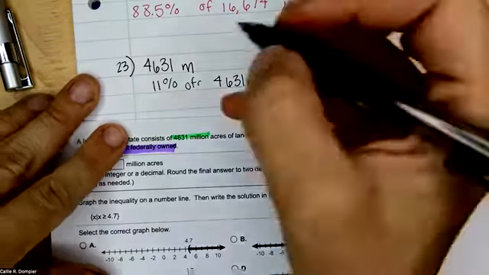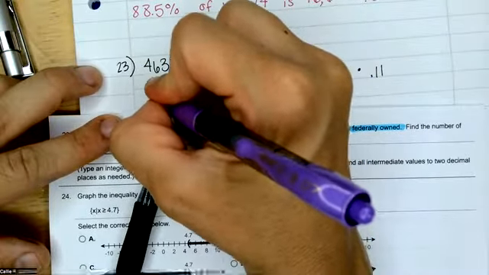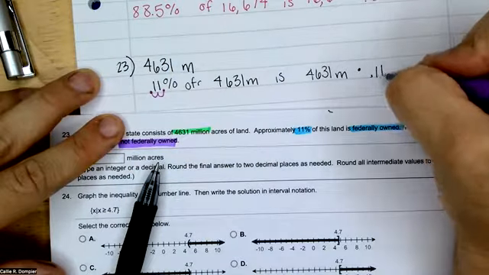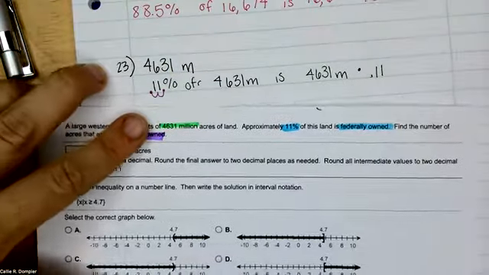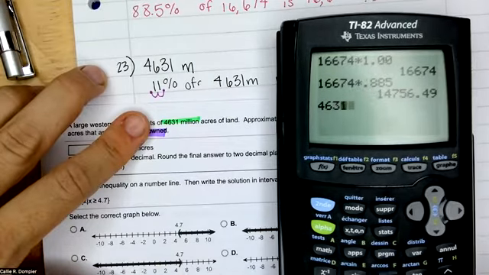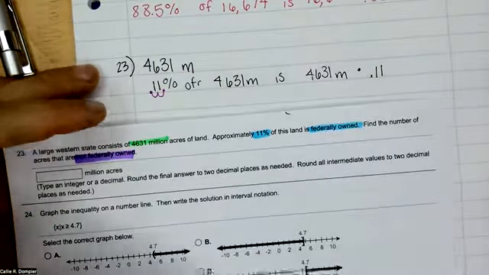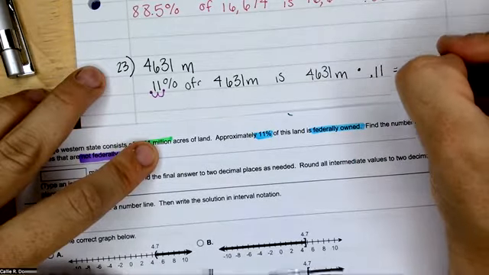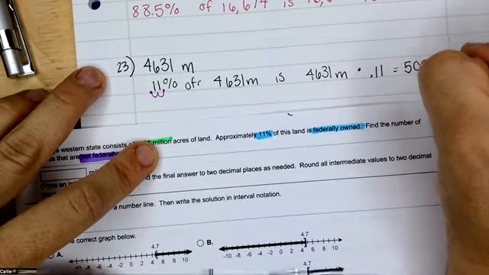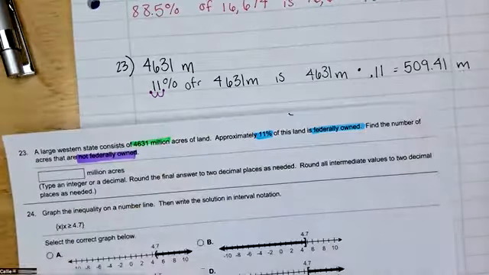We move the decimal place two places, so we get 0.11. 4,631 times 0.11 is 509.41 million acres.